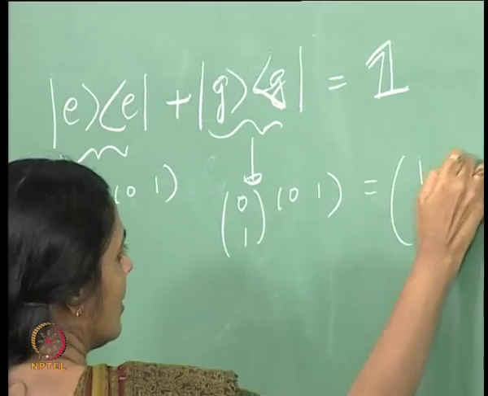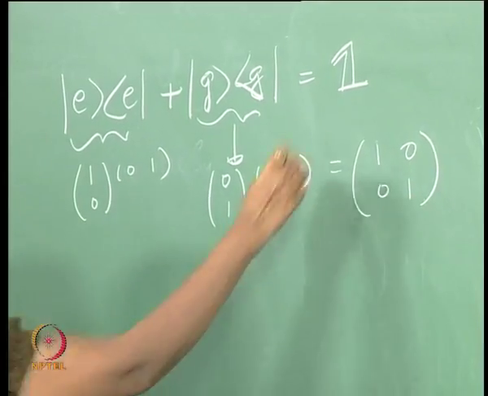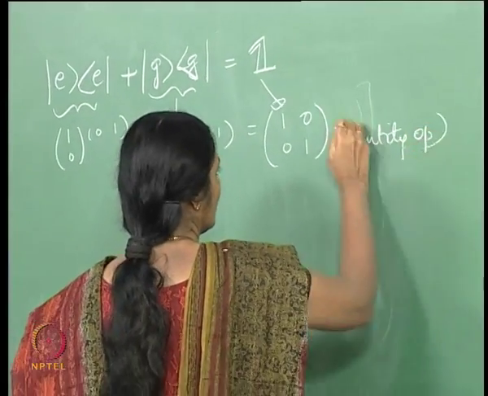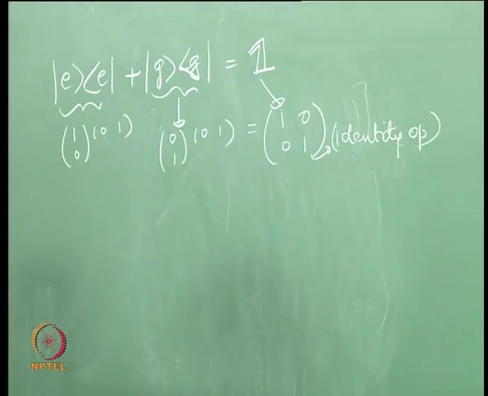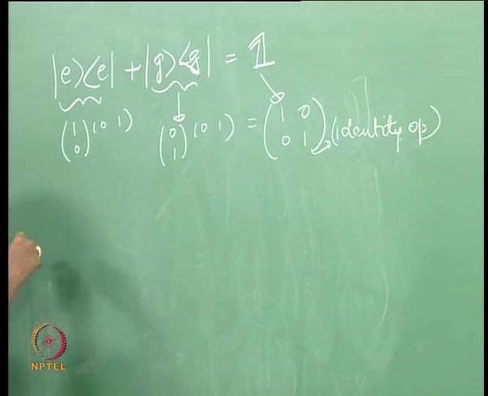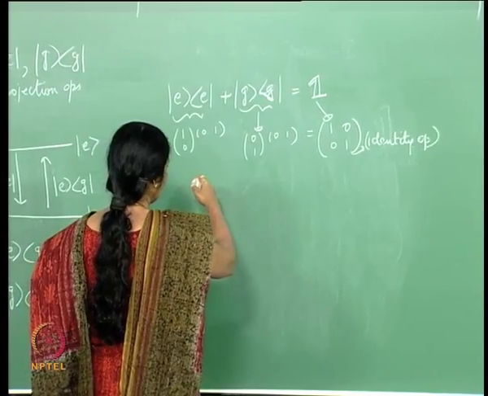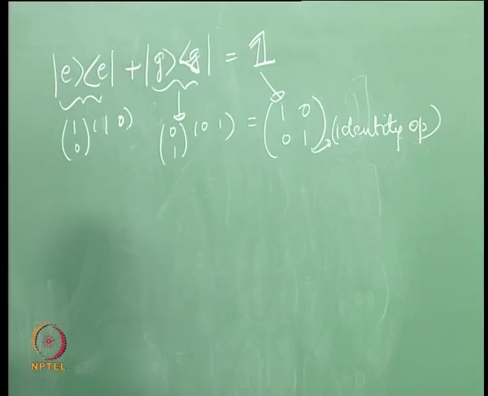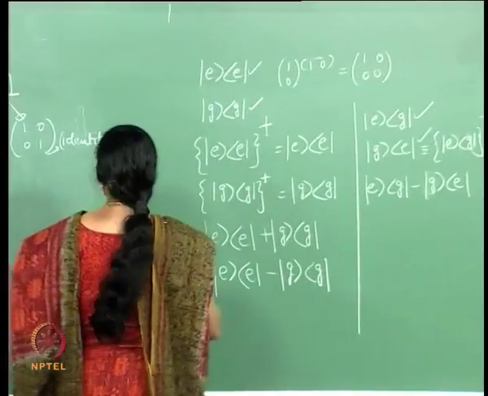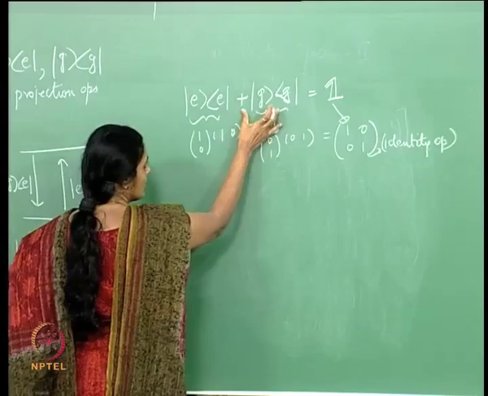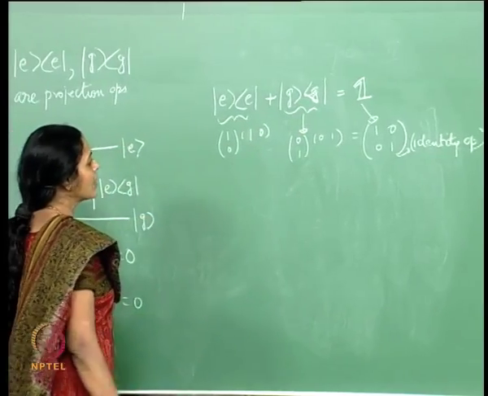You can easily check that this is the identity operator. So you see, the sum over operators formed like this from the basis states adds up to the identity.